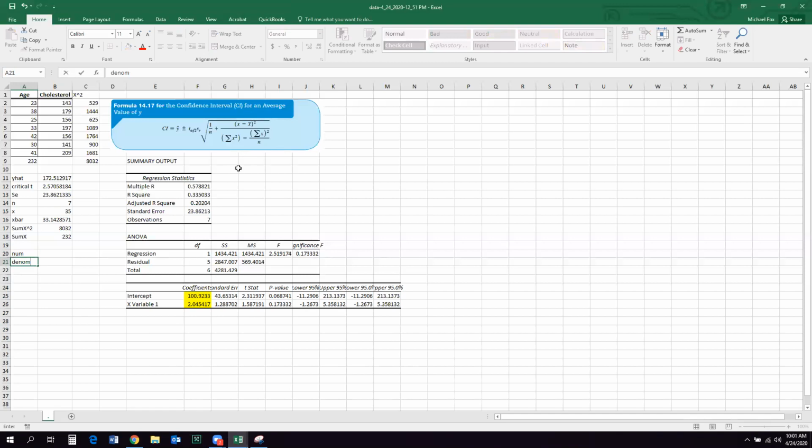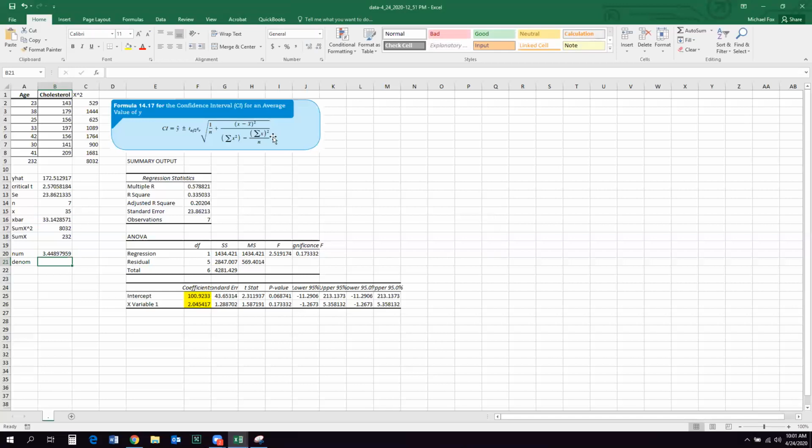Does that make sense? Just this big fraction here. And then it's a lot easier. So the numerator of that fraction is x minus x bar squared. So if I just do x minus x bar squared, there's my numerator.